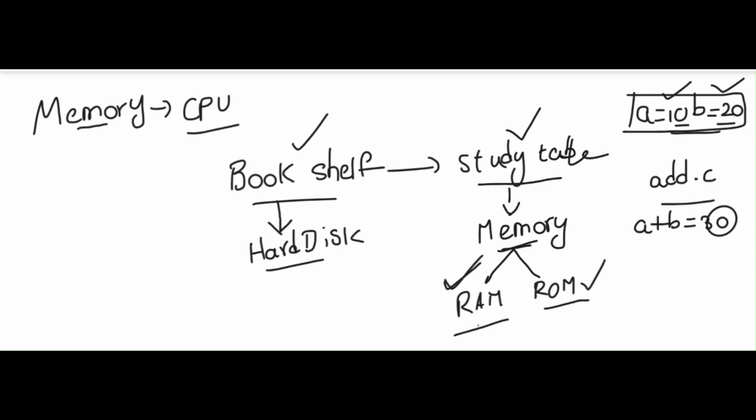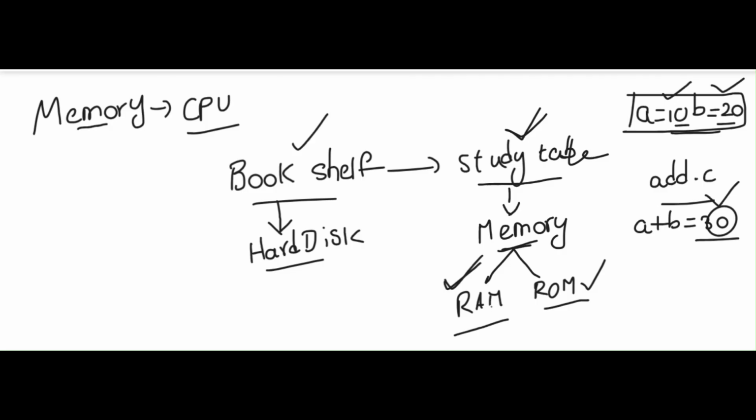Now, the processor will store this 10 and 20 in RAM. It just adds two numbers. After addition of the two numbers, the result will again be stored in RAM. Then it will pick the same number 30 from RAM and display it on the monitor. Once you're done with your studies, you will be clearing your study table.